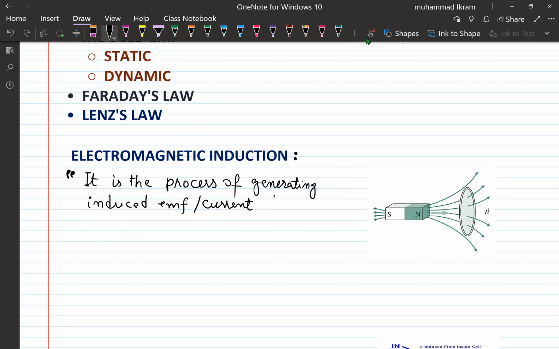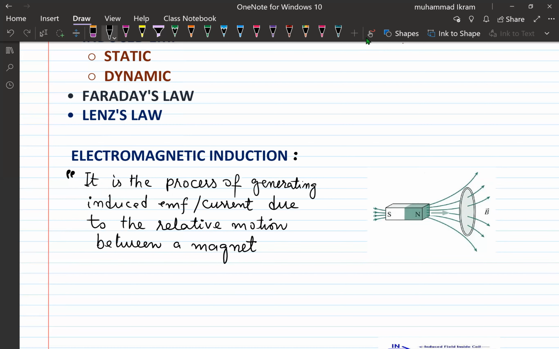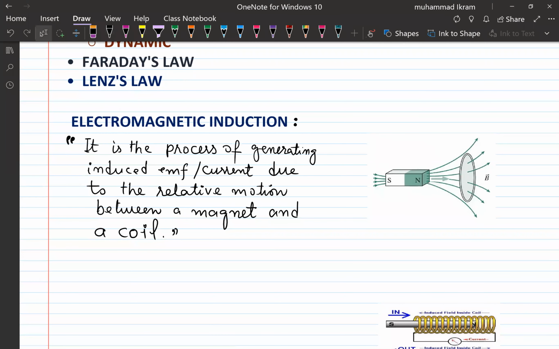Induced EMF or current due to the relative motion between a magnet and a coil. This phenomenon or this process is called electromagnetic induction.